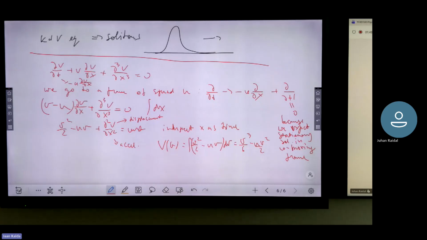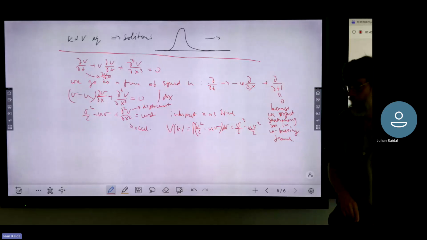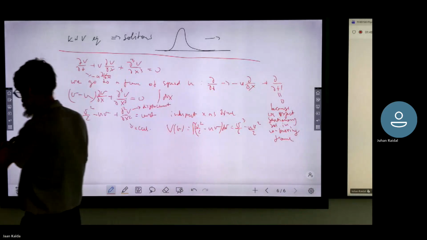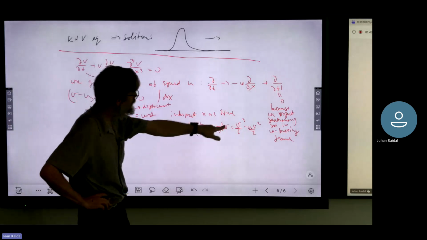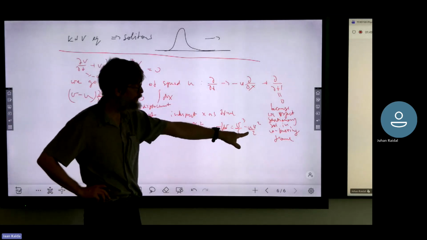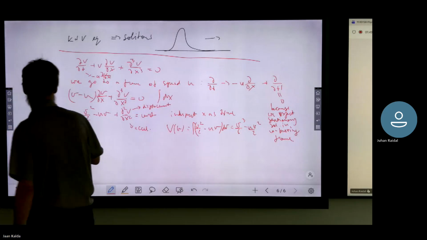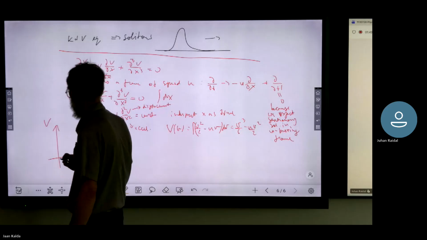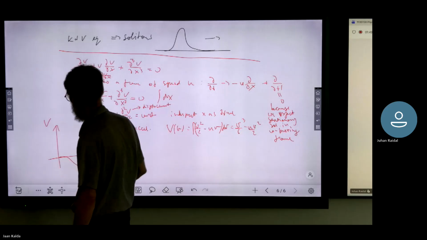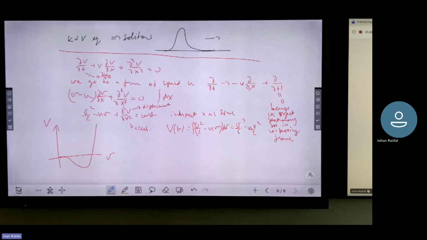Now we can think about what the potential looks like. At large v the cubic term dominates. At small v the quadratic term dominates. So first the parabola goes down and then turns up.